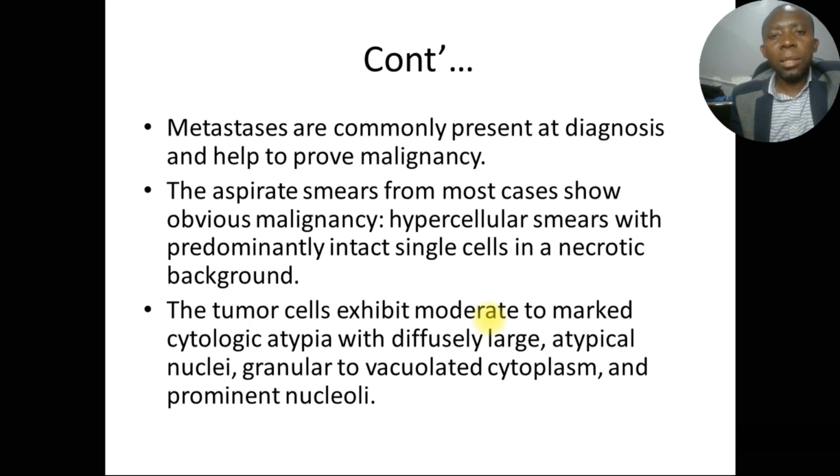So the aspirate smears from most cases show obvious malignancy, and when we talk about obvious malignancy, we are talking about the cellular changes that are really typical of malignancy, and these will include hypercellular smear with predominant intact single cells in a necrotic background. There would be hyperchromasia.